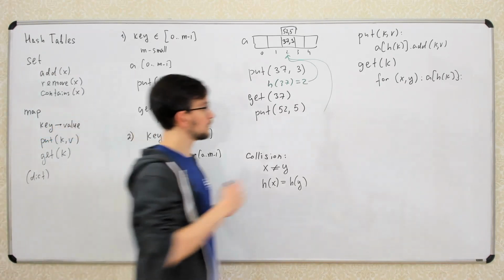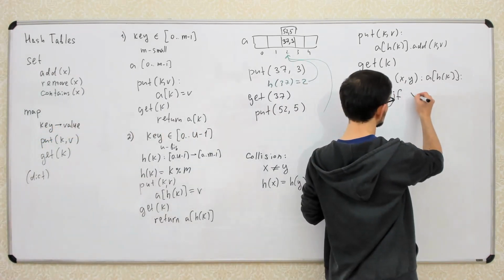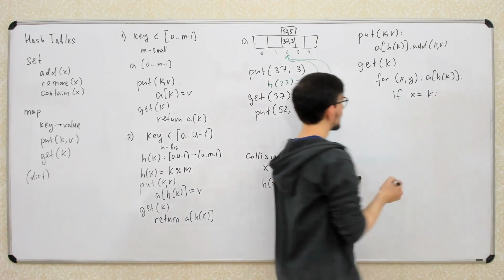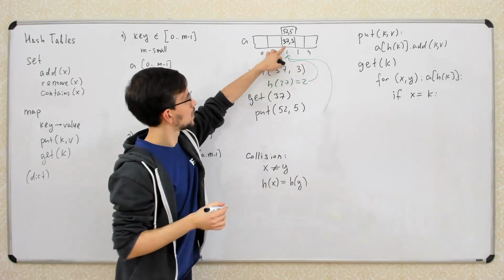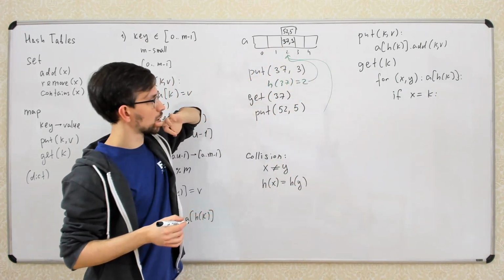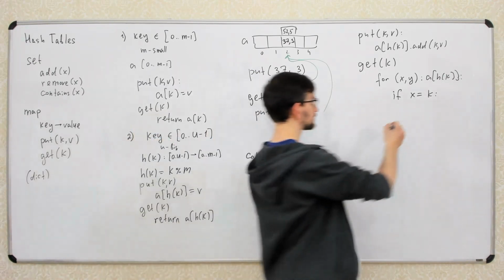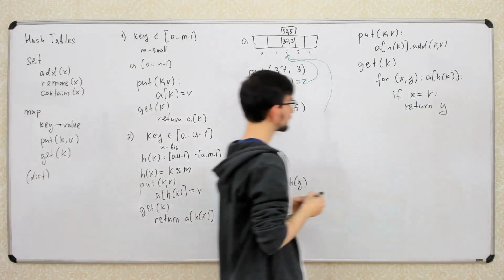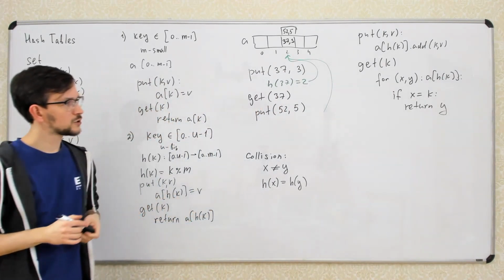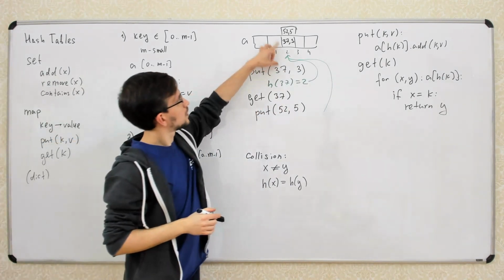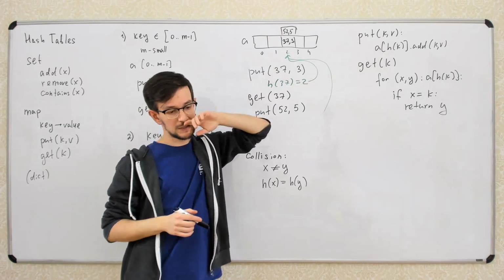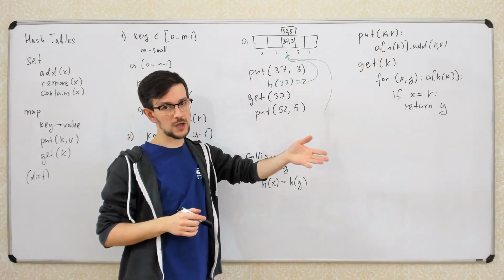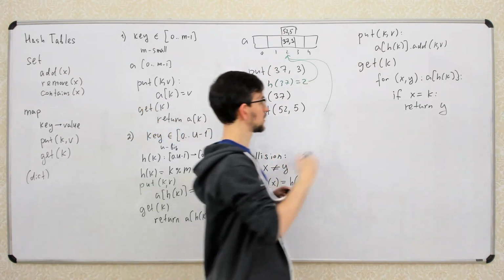If x equals k, then I have the pair which corresponds to this key, so I just return y. If I don't find my key in this list, it means there is no key k in this list, so I should return null.